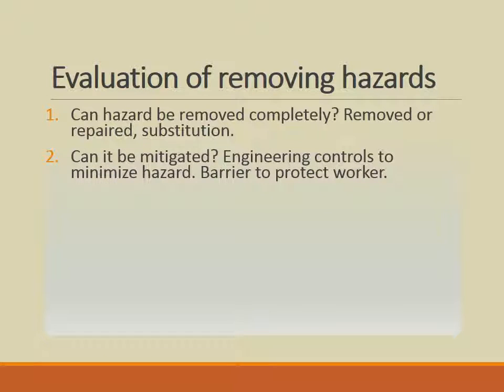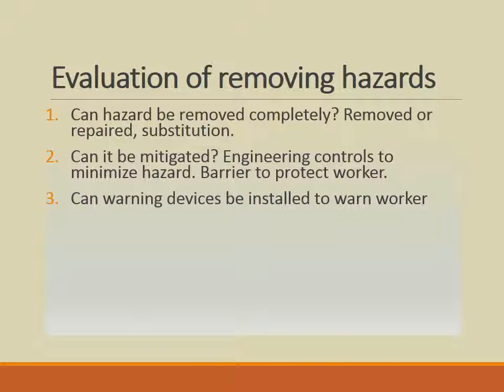Next question you ask, can it be mitigated? Is there some type of engineering controls that could be put in place to minimize the hazard? Perhaps a barrier put in place to protect the worker from coming in contact with the hazard. The next question you can ask is, can some type of warning device be installed to alert the worker of the hazard?